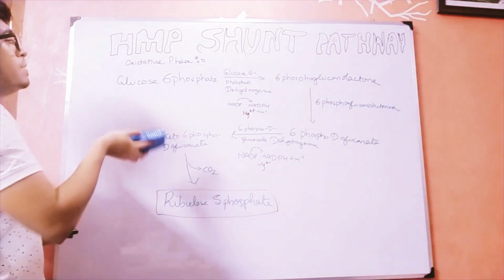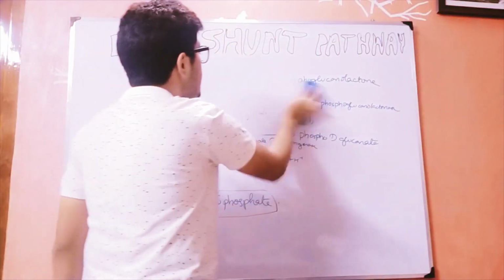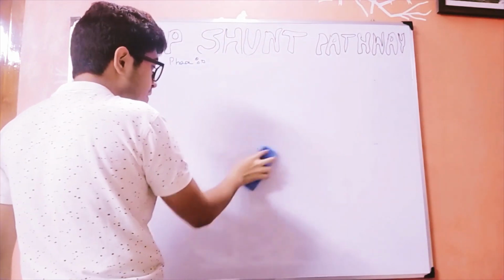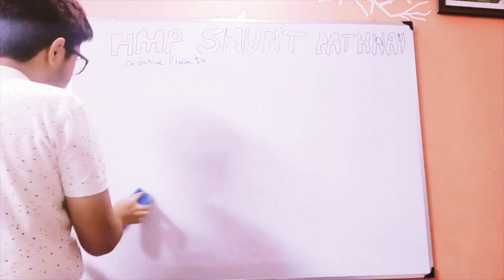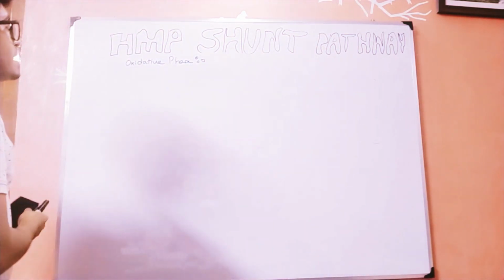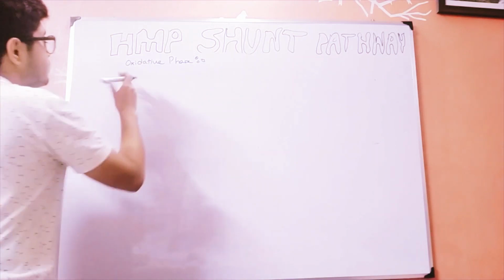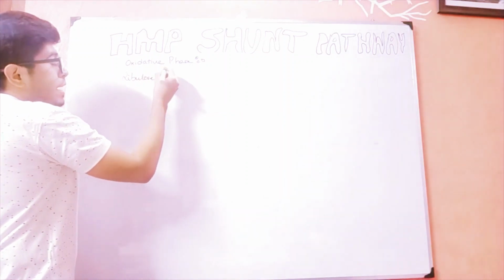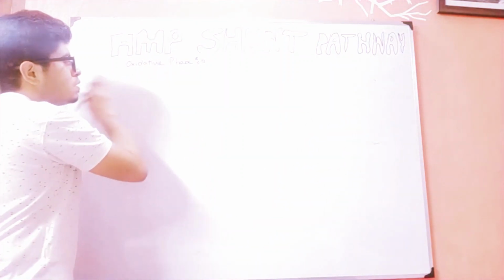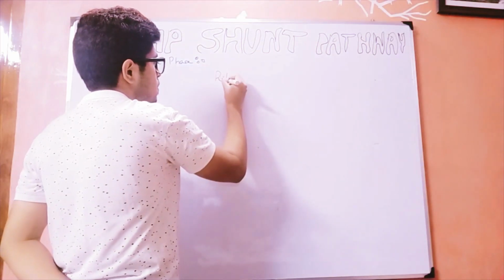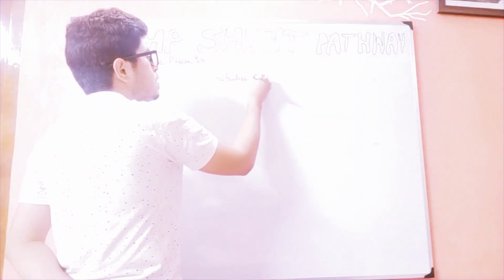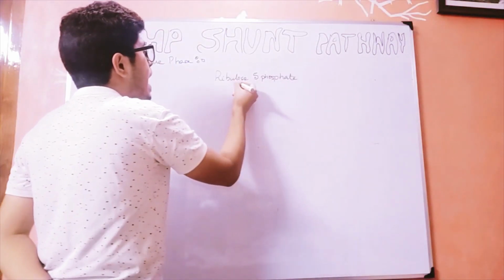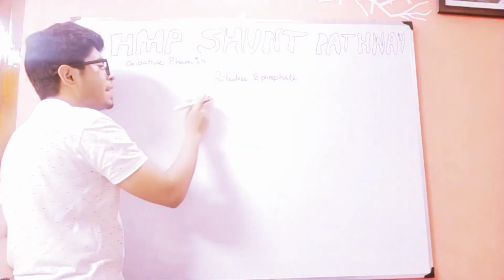Now let's come to the non-oxidative phase of the pentose phosphate or the hexose monophosphate shunt pathway. Here this ribulose 5-phosphate which has been generated is the primary substrate. This ribulose 5-phosphate is acted upon by two enzymes.